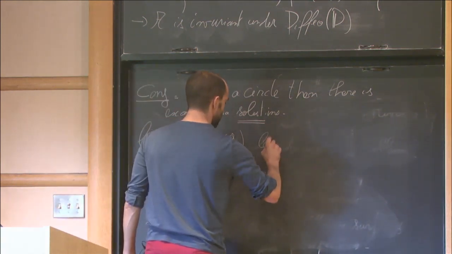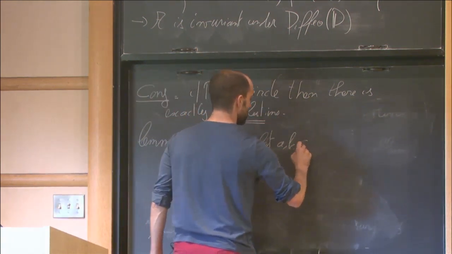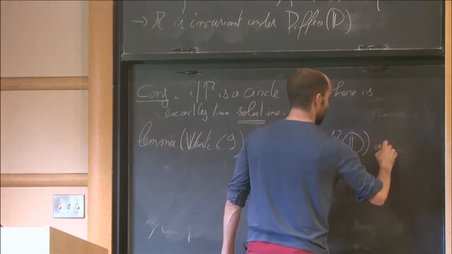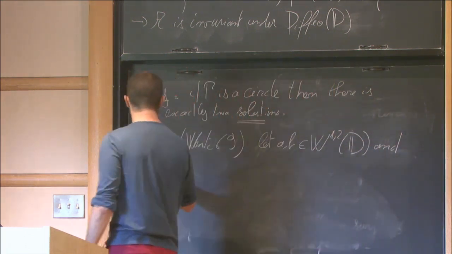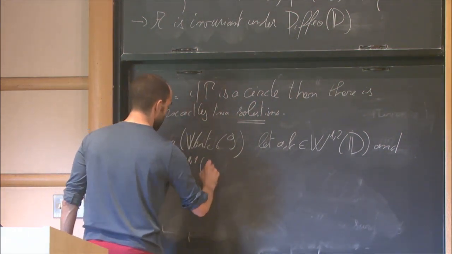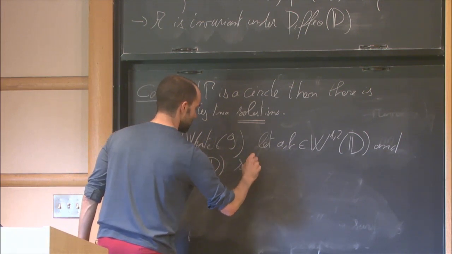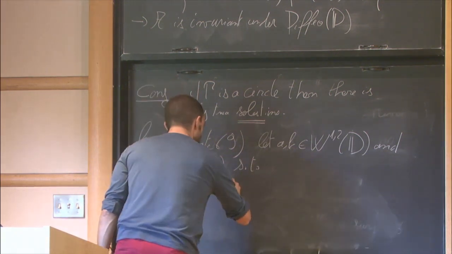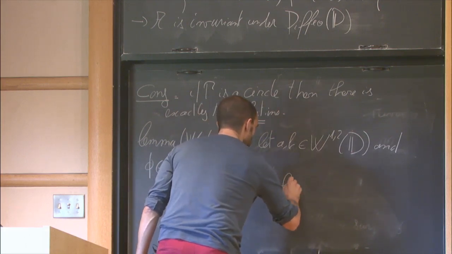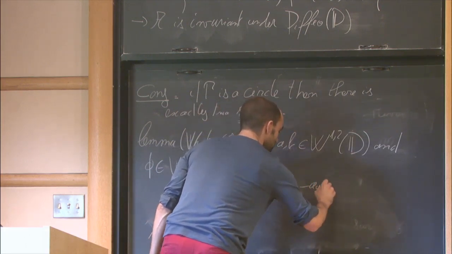So let A and B be W^{1,2} maps from the disk, and phi in W^{1,1}_0, such that they satisfy the following equation: Laplace phi equals Ax By minus Ay Bx.